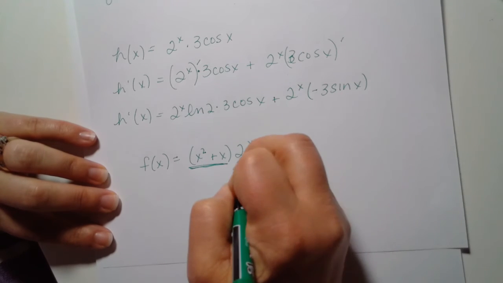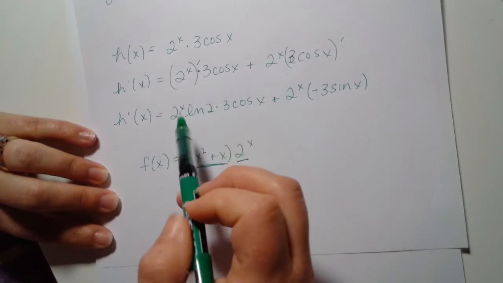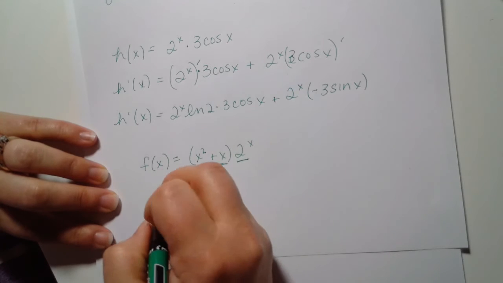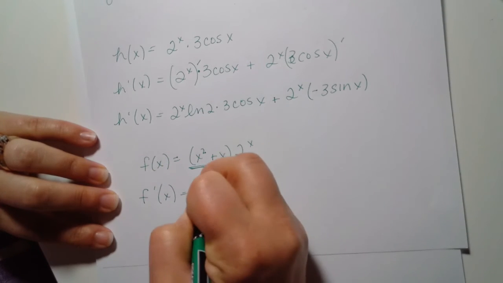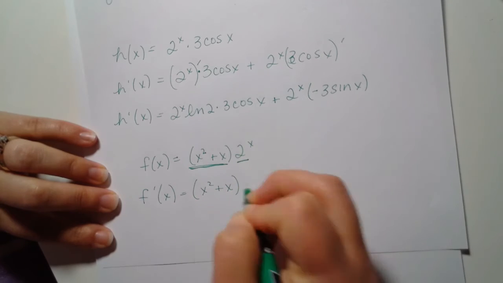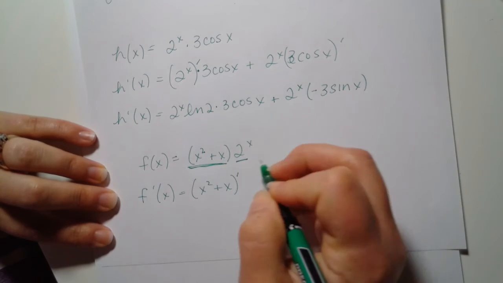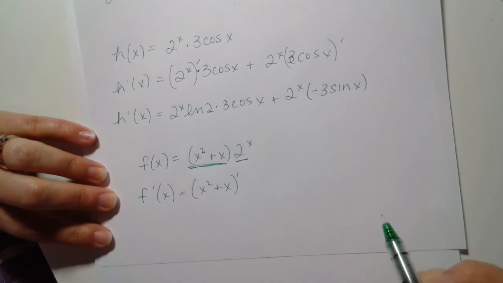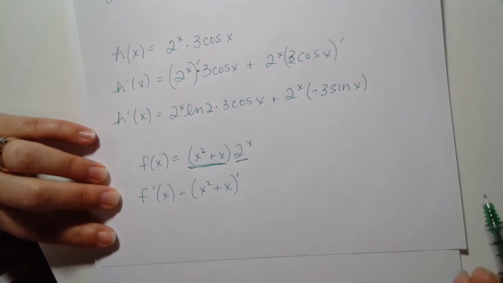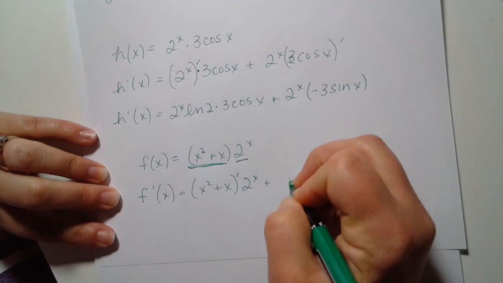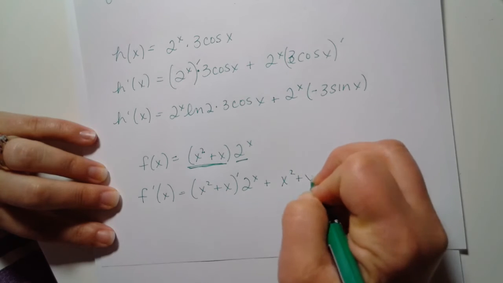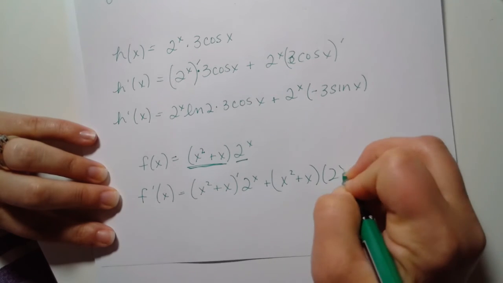So I'm going to use this method where I'm going to write it out twice. So my f prime of x will be, I'm going to write x squared plus x, since I'm going to do the derivative of that one first. It doesn't matter which one you do the derivative of first, as long as you do the derivative of the opposite one in the other part. And then that times 2 to the x, and then I have plus x squared plus x times 2 to the x, and this time I'll do the derivative of that one.